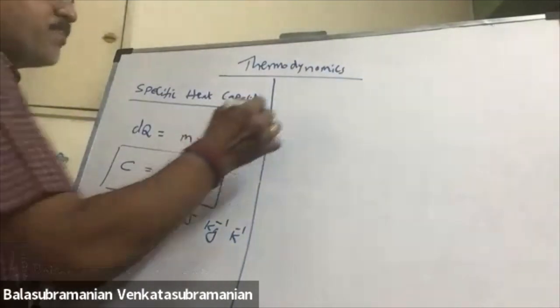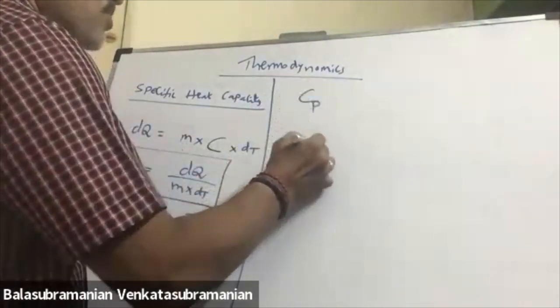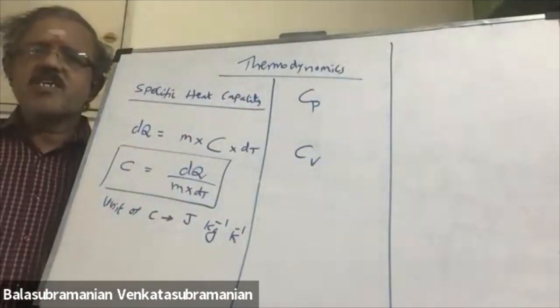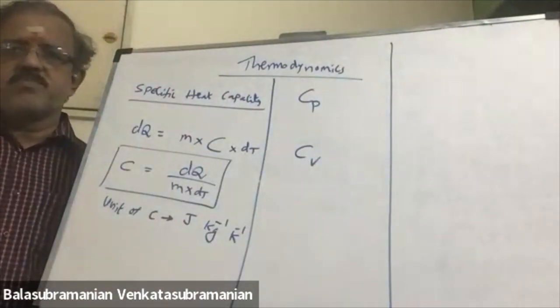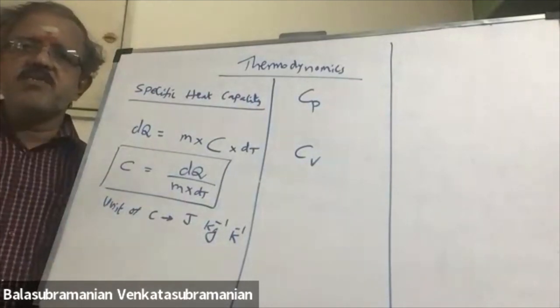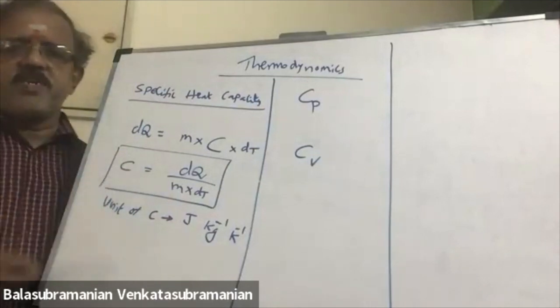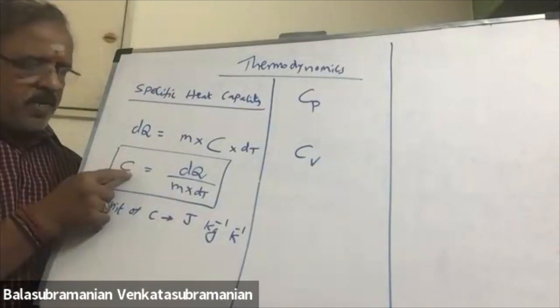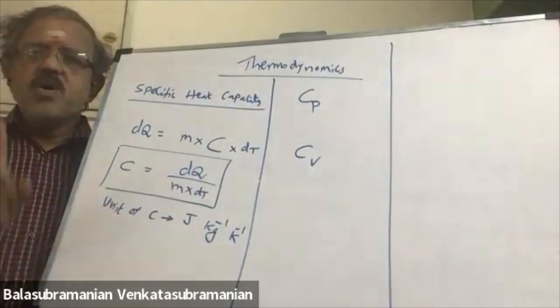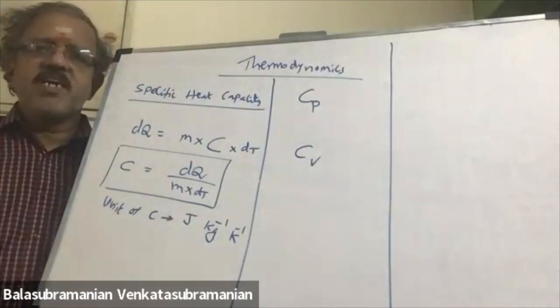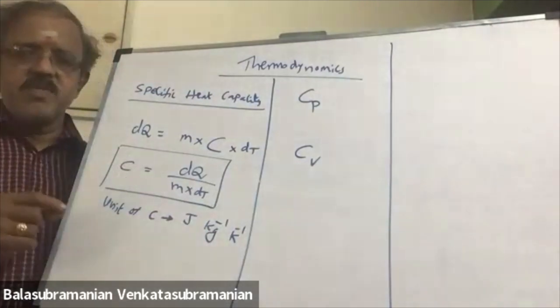When you say specific heat capacity at constant pressure or specific heat capacity at constant volume, you can write Cp, Cv. Same definition. You can put Cp, but mass here is 1 mole of a gas. It is not 1 kilogram, it is 1 mole of a gas.